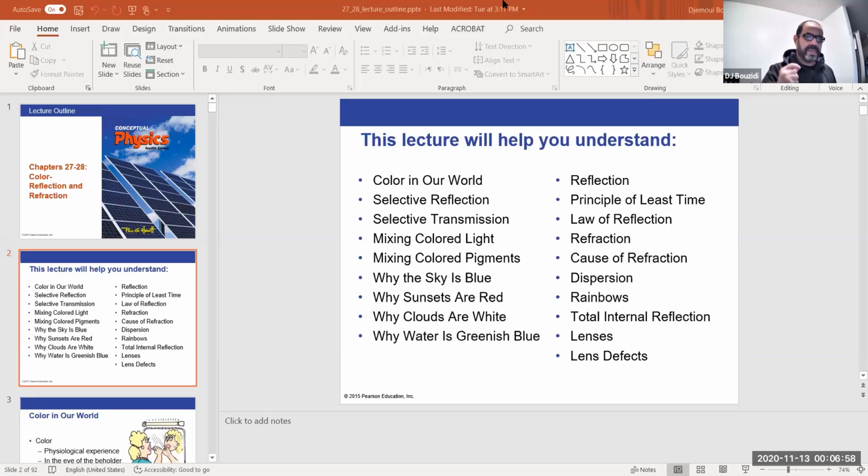Now, because light is an electromagnetic wave, we talked about the fact that it has an electric field and a magnetic field coming together. The magnetic field is super weak compared to the electric field. The amplitude of the magnetic field is usually around 1/300 millionth that of the electric field.